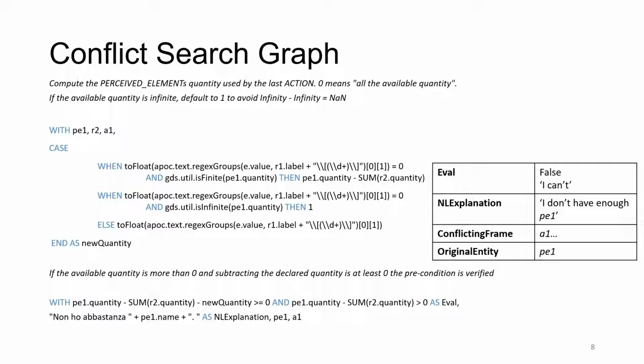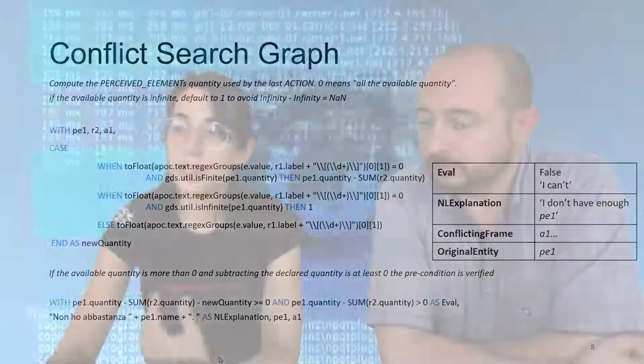Like, I don't have enough of this perceived element, which is here retrieved. And then we can also return the conflictive frame. So the action that caused that perceived entity to be no longer usable. And then we can also retrieve the original entity to generate our responses.